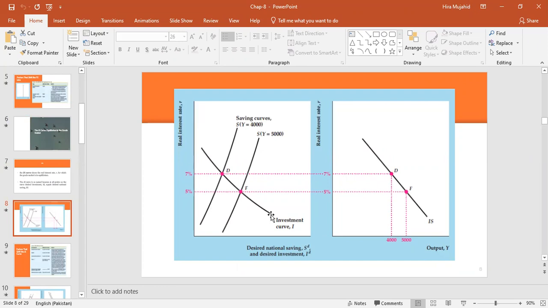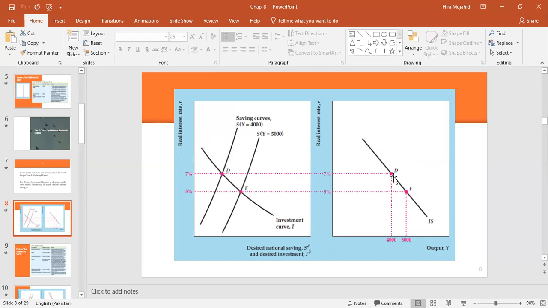Equilibrium in the goods market is described by the IS curve, right? This is the investment curve, this is the saving curve, and the equilibrium in the market, you can see we are deriving from this analysis that E, F, and D will be the equilibrium points of the goods market, right?